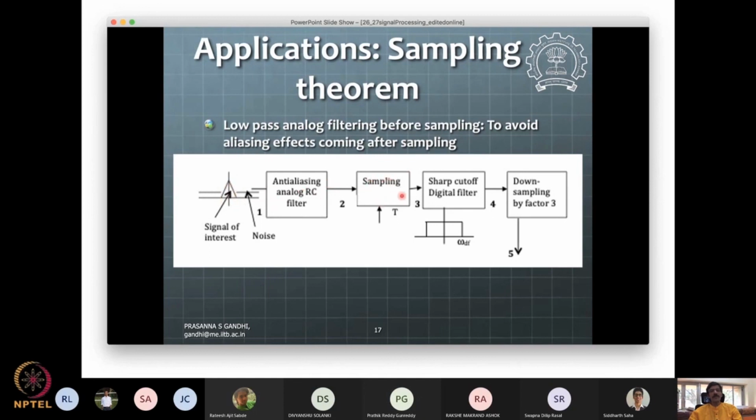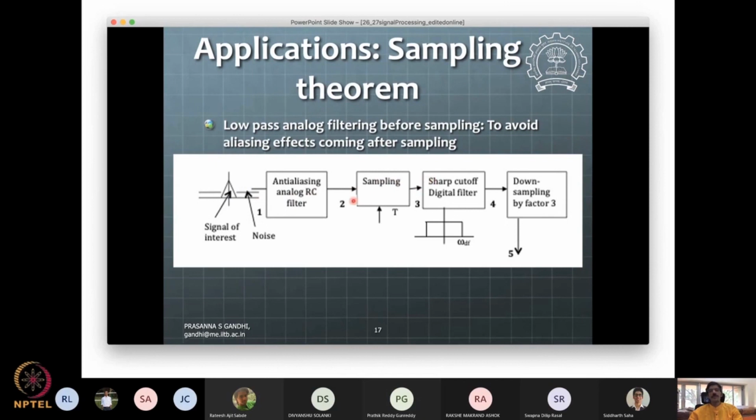After sampling, you know that the original signal frequency response is going to get replicated or mirrored at multiple places at omega s frequencies. When that is happening, we don't want these high frequency components to come into the domain of the signal of interest. That is what we want to make sure of.